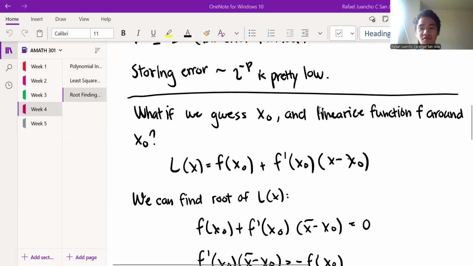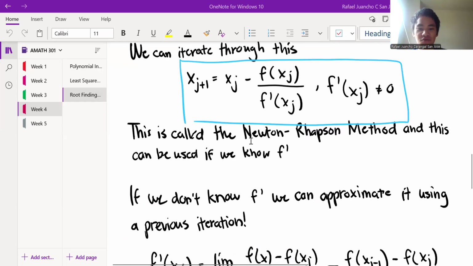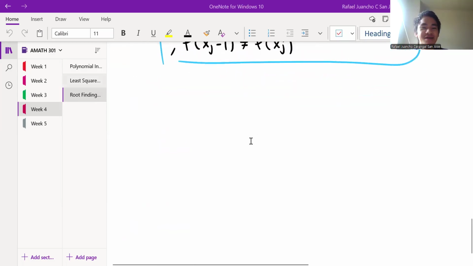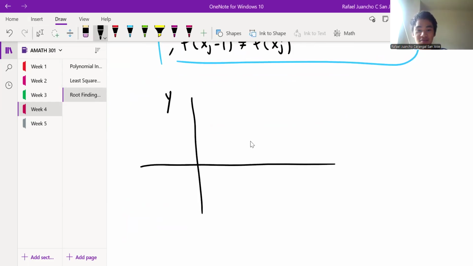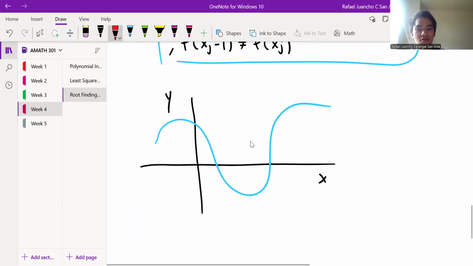Roots are basically when we have some plane, the XY plane, and let's say we have a curve. Our roots are basically solutions. When we say roots, we mean x-intercepts.